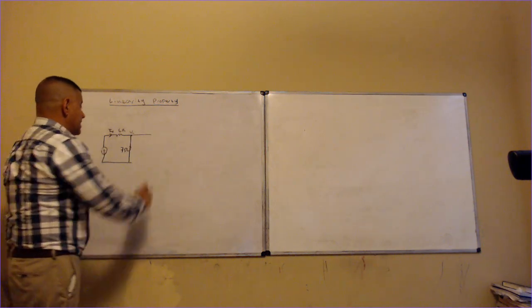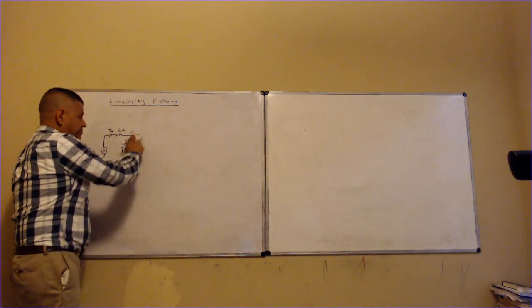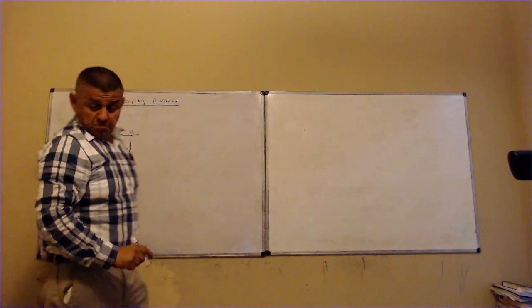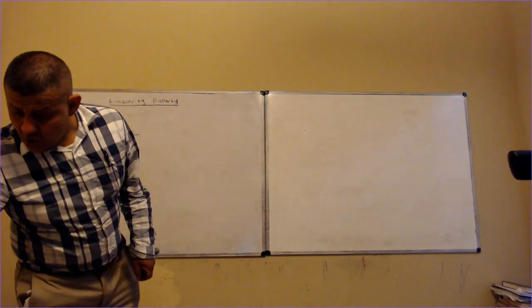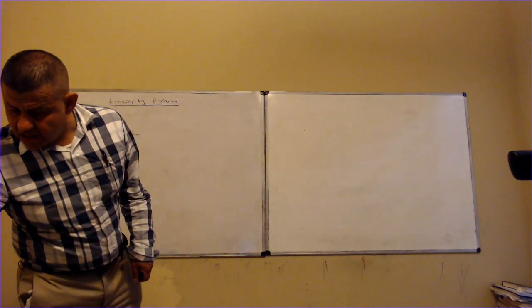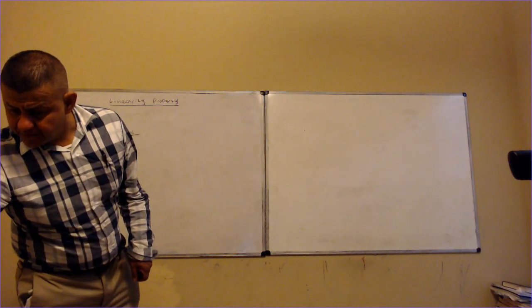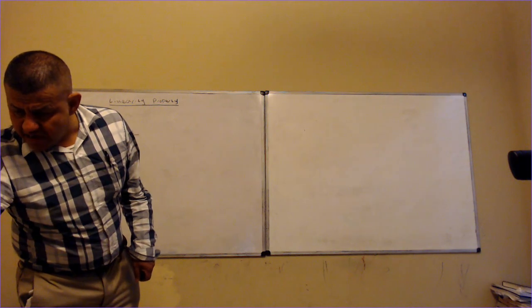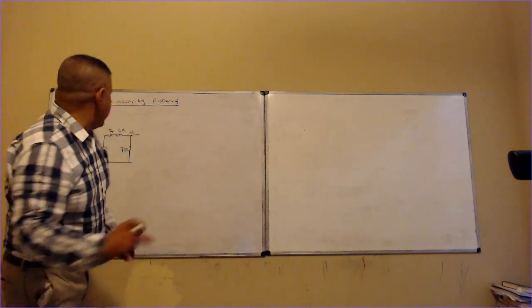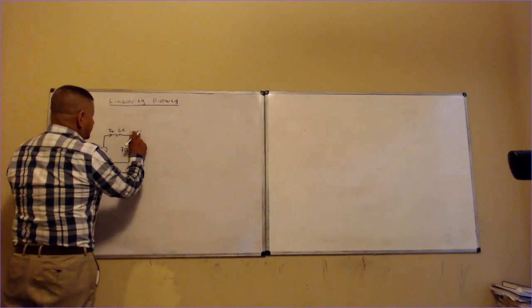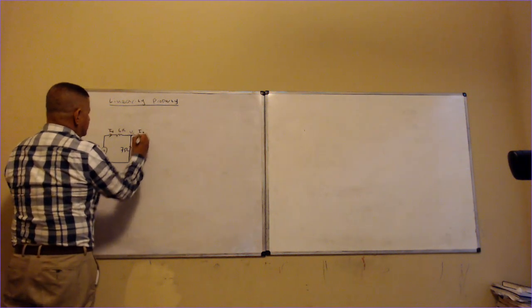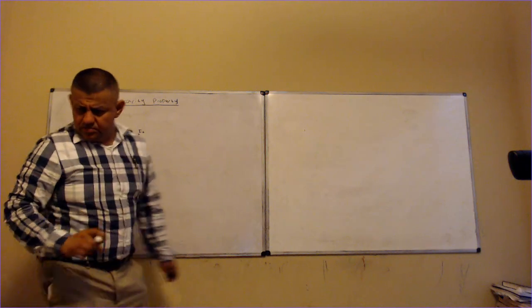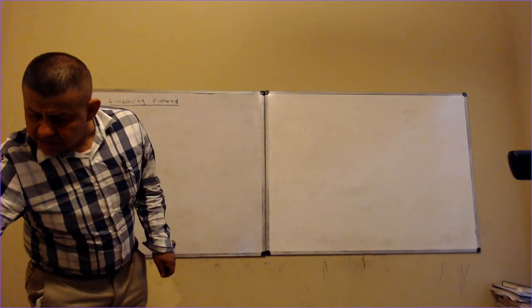Then we have another resistor right here. We have a current coming out of this node, and I think that's I2.